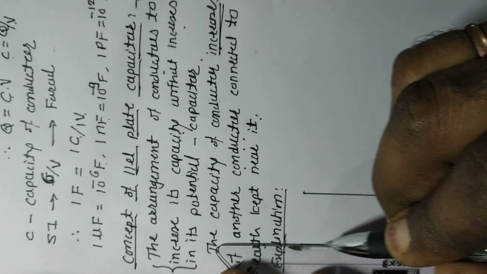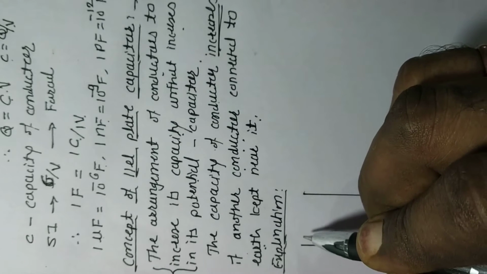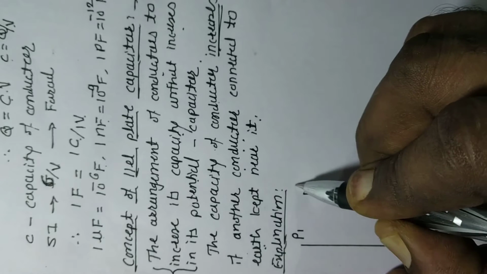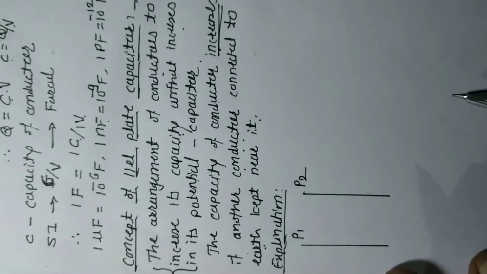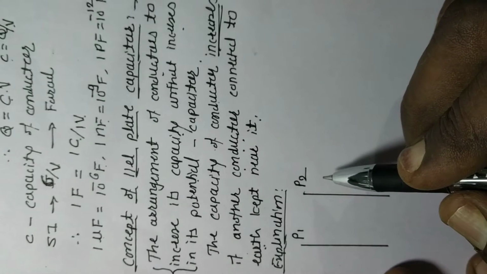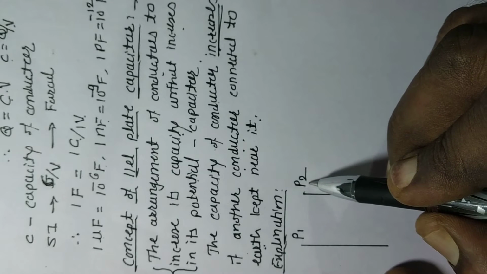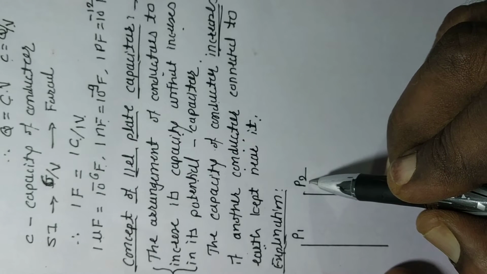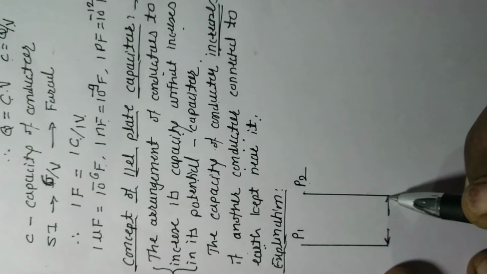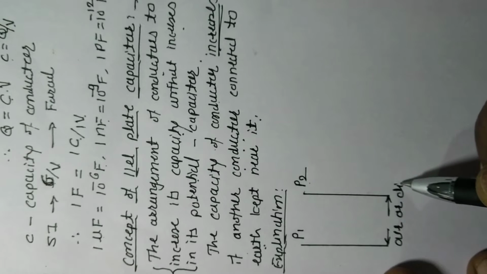Consider parallel plate condenser consists of two metal plates P1 and P2, किंवा two conducting plates म्हणा, separated from each other by air or dielectric between them.